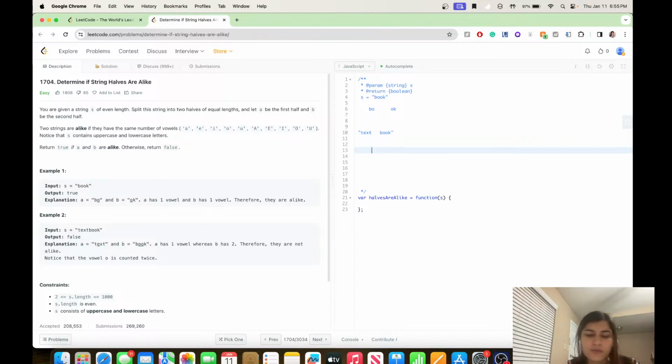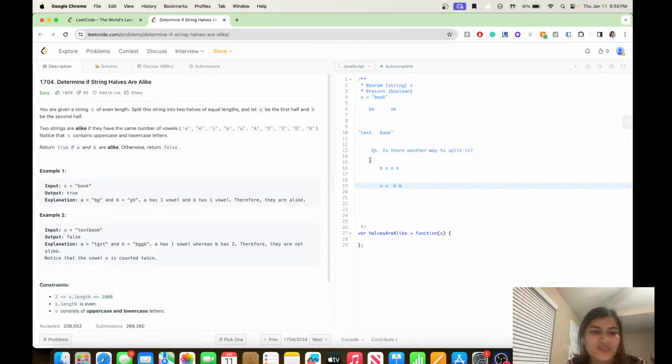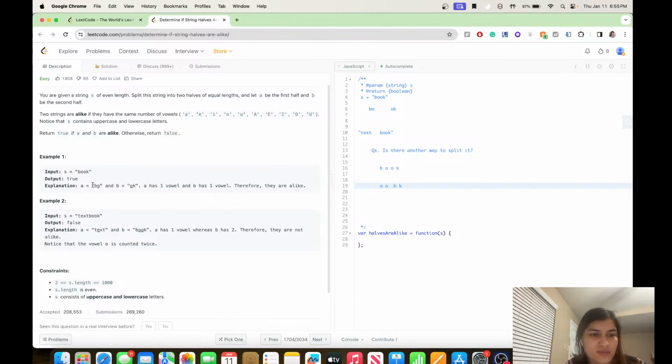Or is there another way to split it? I don't think that I can split it like, suppose it is BOOK, then I don't think I can split it like OO and then BK. That is not even a split.